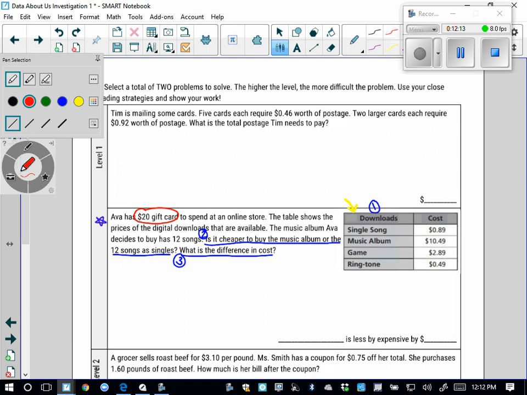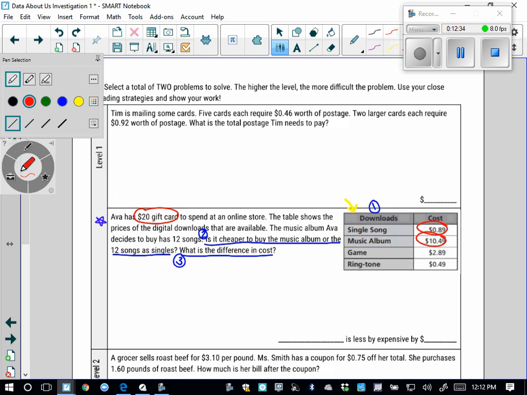The music album Ava decides to buy has 12 songs, so I need the cost of a single song. And I need the cost of the music album. But I don't really need the cost of the other things, so I don't need to look at those.